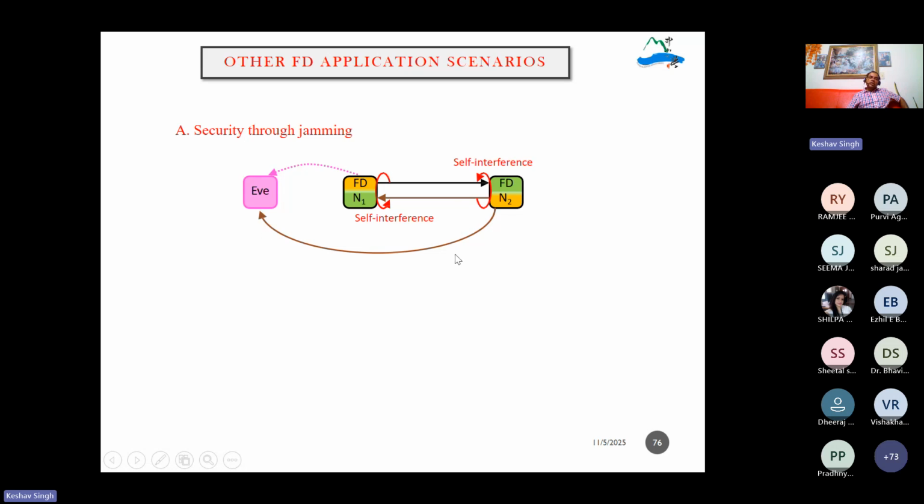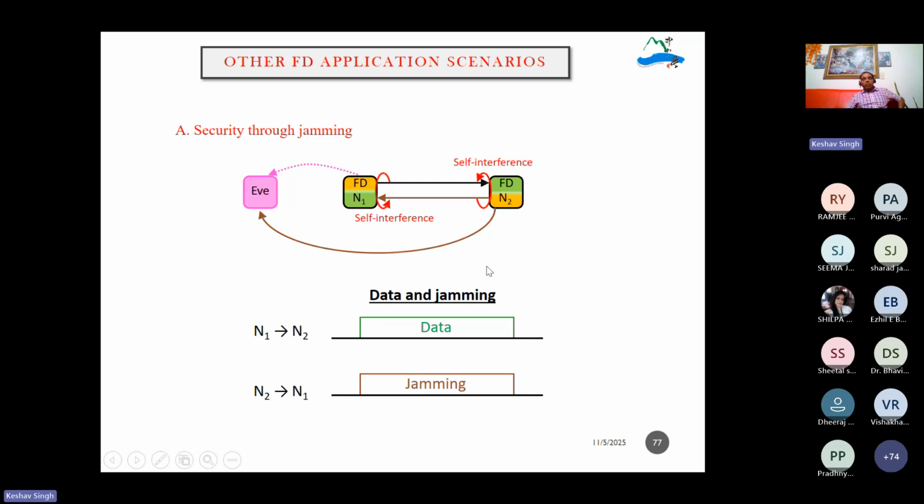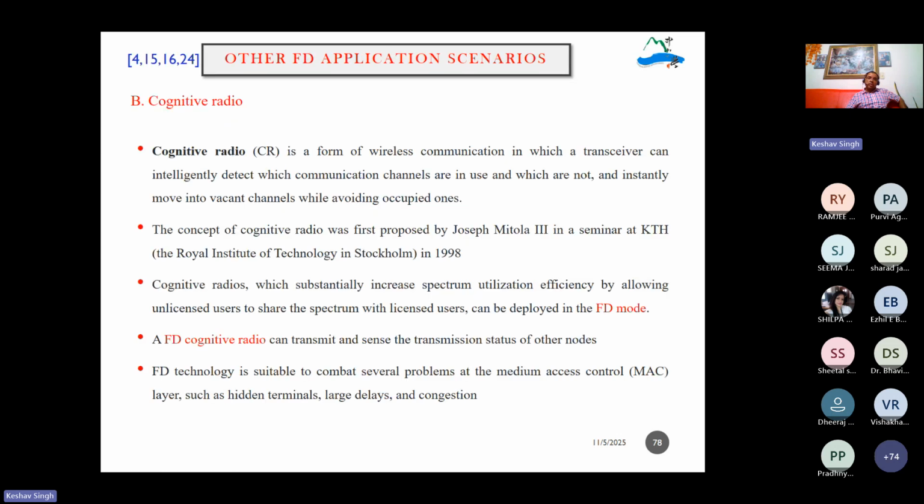This jamming signal will be received by the eavesdropper as well as N1. And N1 is transmitting the genuine signal to N2. So it will jam the eavesdropper, and also it receives the signal from N1. So this is a very nice example. Like if there is any VIP movement in your city, we can see this kind of application. For example, here N1 to N2 is data, and N2 to N1 is jamming. So the eavesdropper will be completely blocked through this jamming signal.